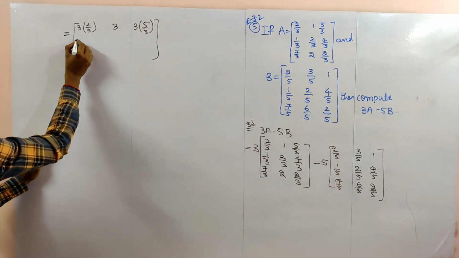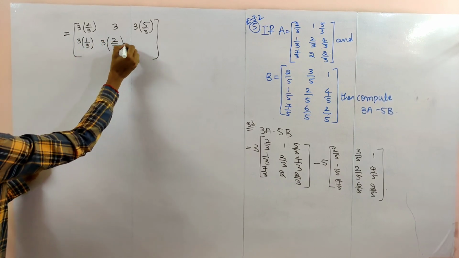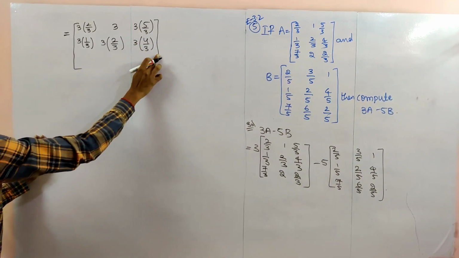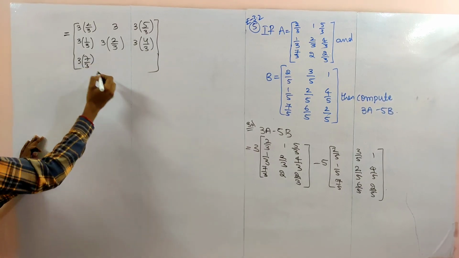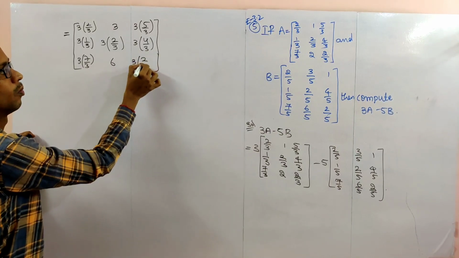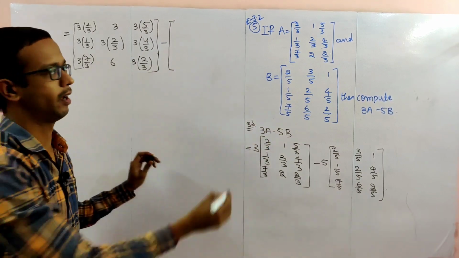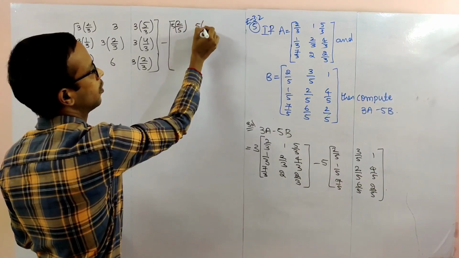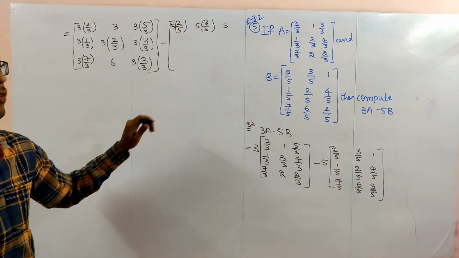In the same way, 3 into 1 by 3. 3 into 2 by 3. 3 into 4 by 3. Next one, 3 into 7 by 3. 3 into 2 is 6. Next 3 into 2 by 3 minus 5 multiplied: 5 into 2 by 5, 5 into 3 by 5, 5 into 5.